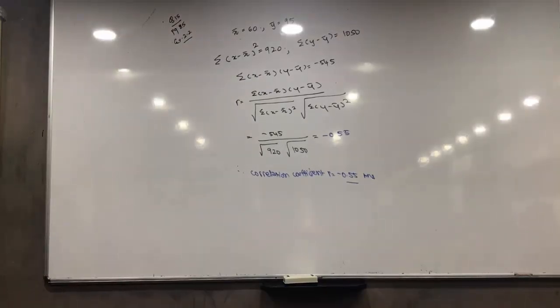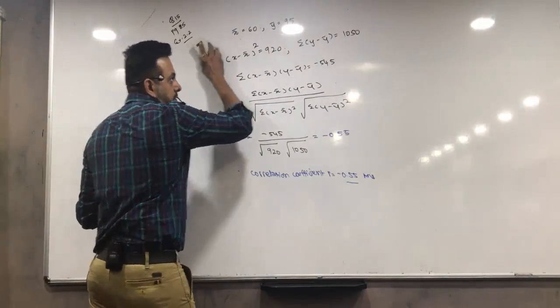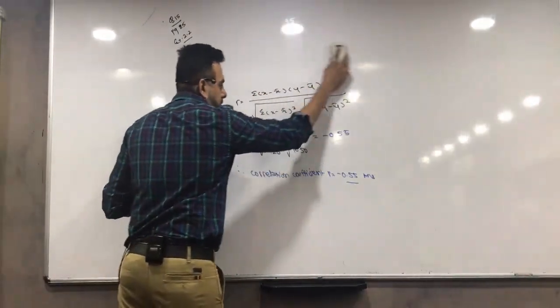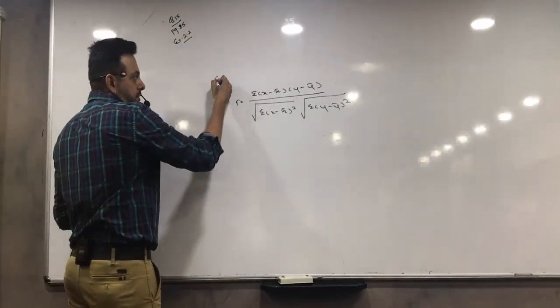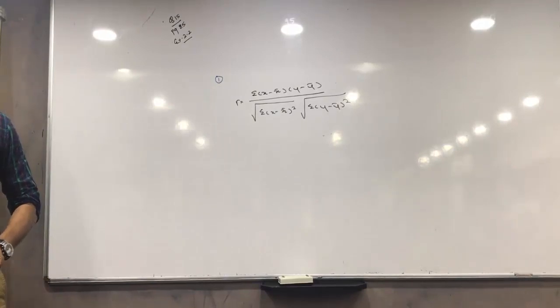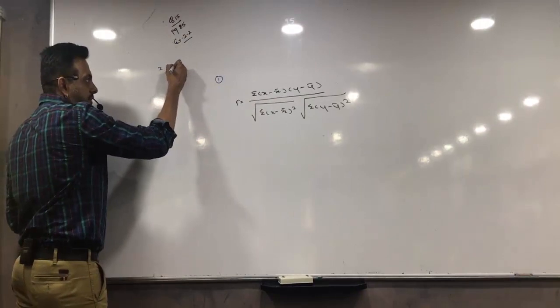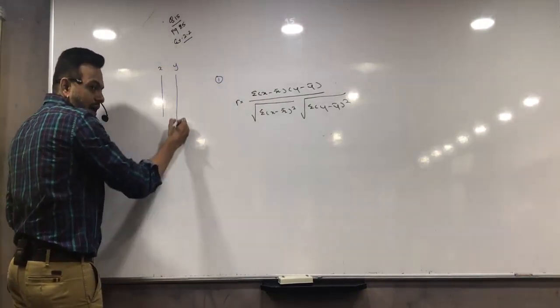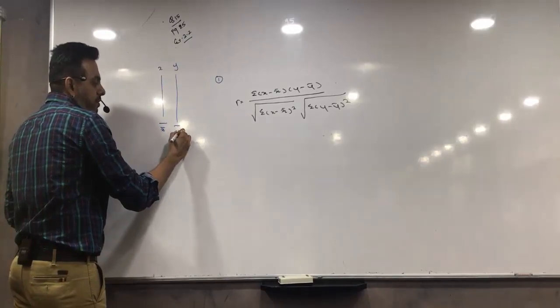Is this done? Now once again I revise the formulas we have done. The first formula we did was this one. Why we go for this formula: wherever the mean is known in correlation, values of x are given and values of y are given, we find out x bar and y bar.